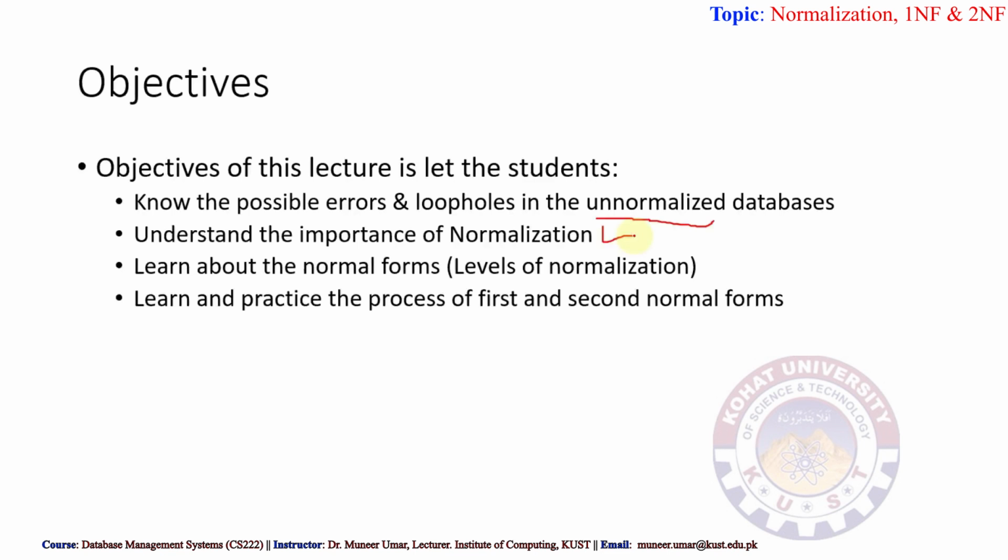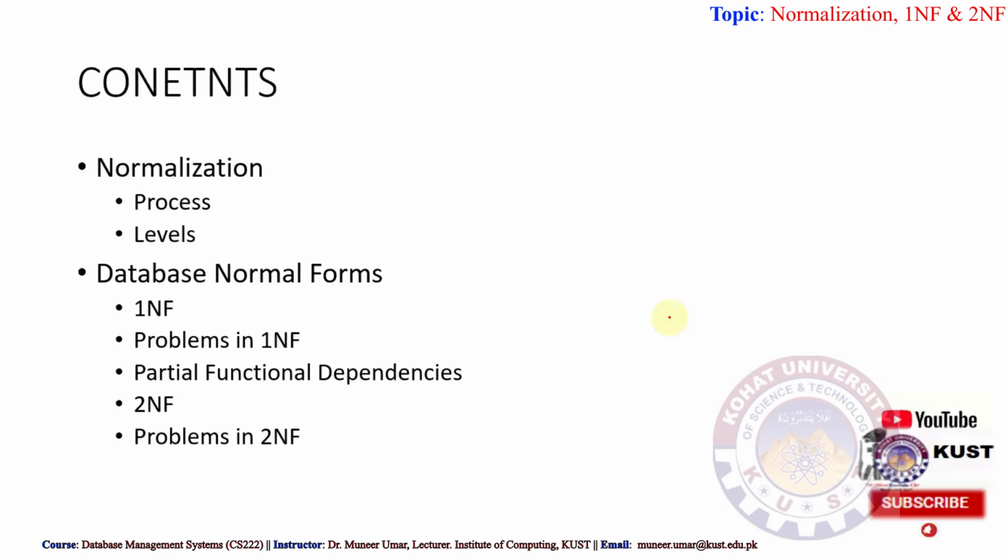There are various normal forms, and we will study only the first normal form and second normal form in this lecture. The rest of the normal forms will be studied in the coming lectures. So these are the contents. Initially we will study normalization. What is normalization? Why do we need normalization? Then the process of normalization, then the normal forms.